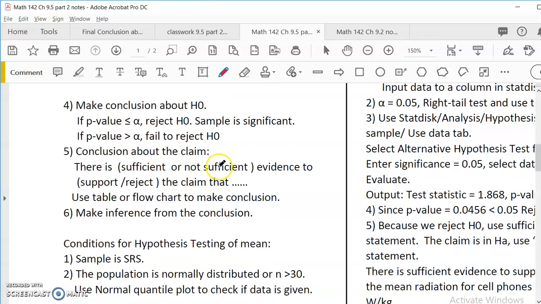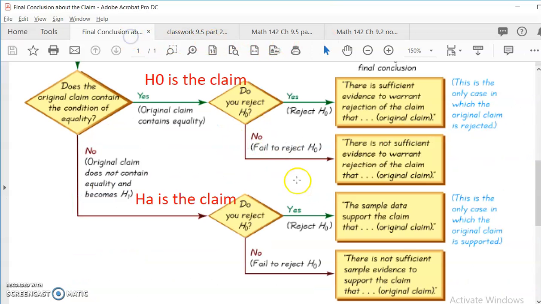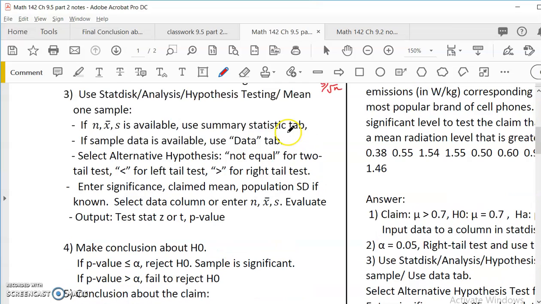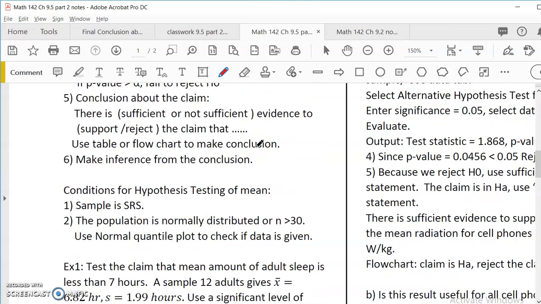Then you make a conclusion about the claim, which is whether you have sufficient or not sufficient evidence to either reject the claim or support the claim. Again, you can also use the flowchart if you want. This is exactly the same as what you have for proportion, except in the middle.